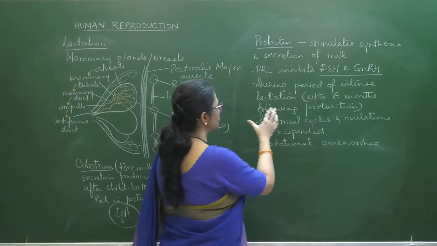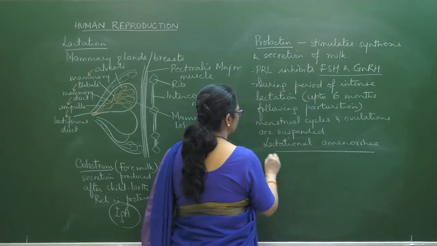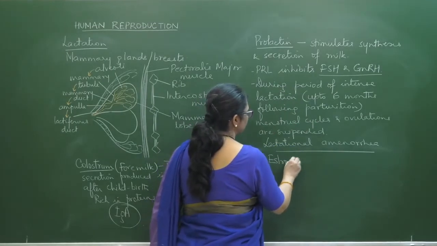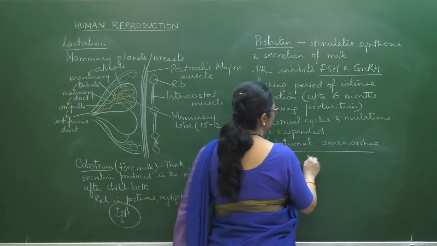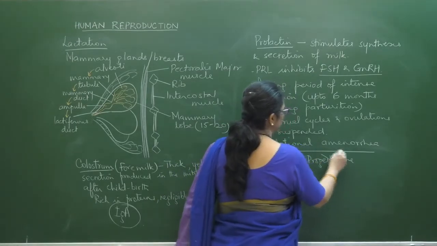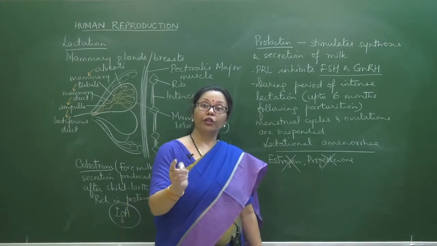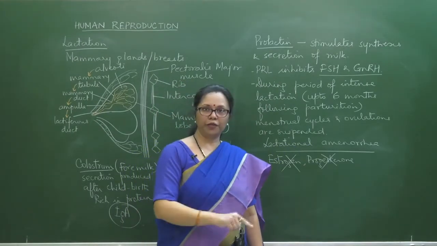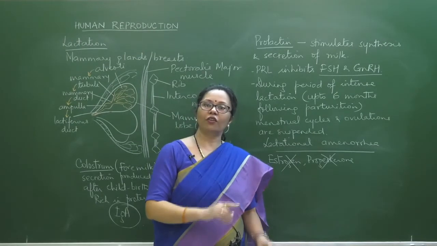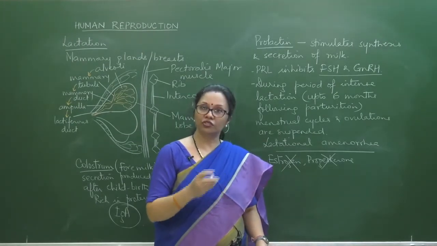So during this phase, during lactational amenorrhea, estrogen and of course progesterone, both of them will not be present. Okay, so they are not coexisting. But during pregnancy, HPL, estrogen, progesterone, they all three of them are present, right? And at that time they are having synergistic action.